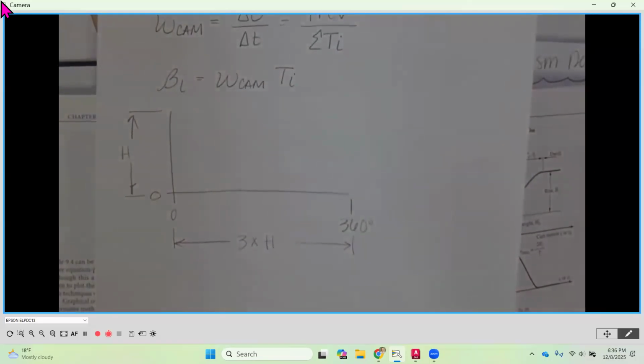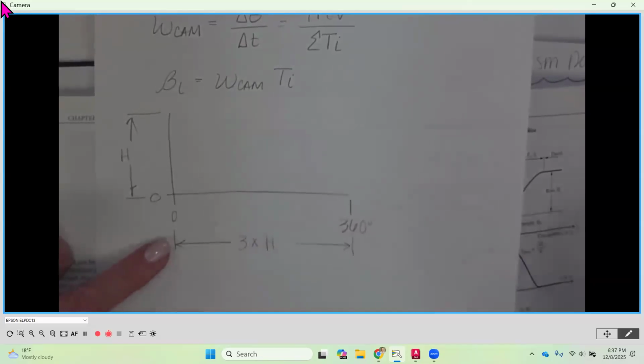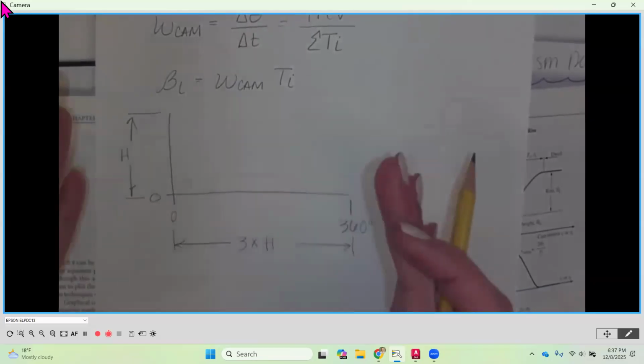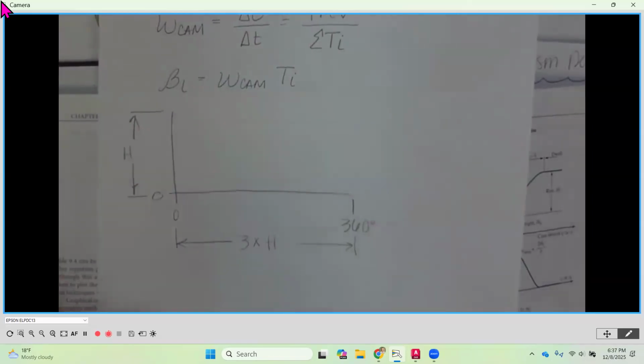Okay. If it's 3 inches as our height, then that means that 9 inches for a full revolution is going to be that distance. Okay. I find that that works really well for proportion. What you don't want to happen is that your x-axis gets super long and that your y is short, because then it's going to be weird. And you also don't want your x to be short and this to be tall.